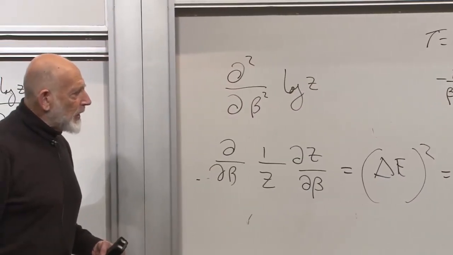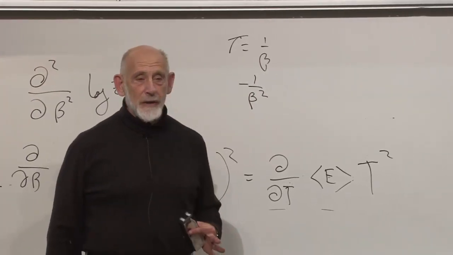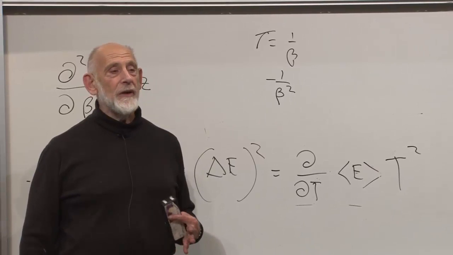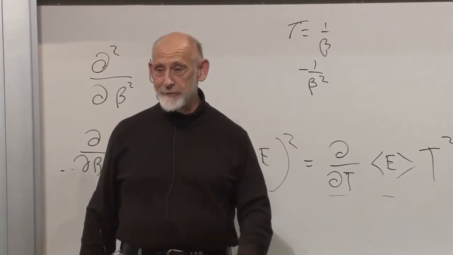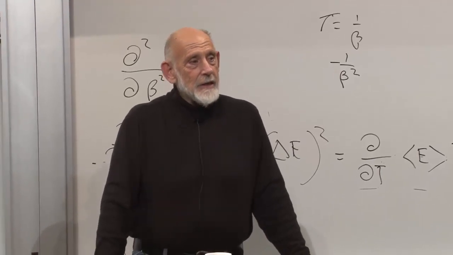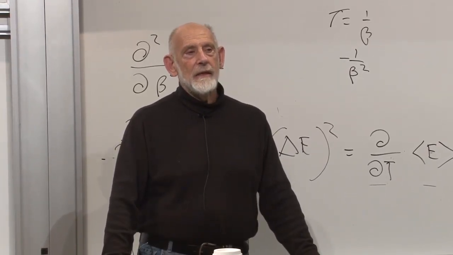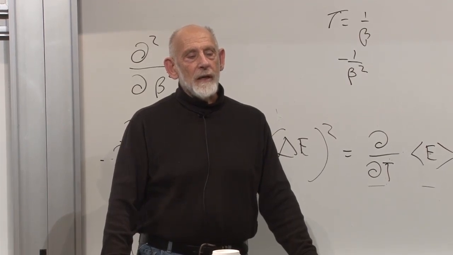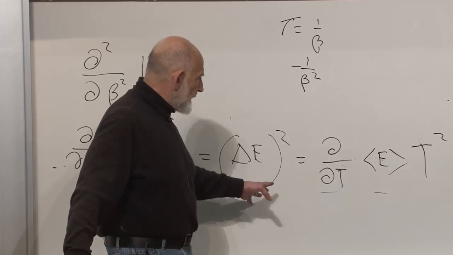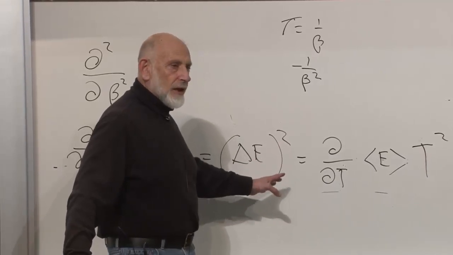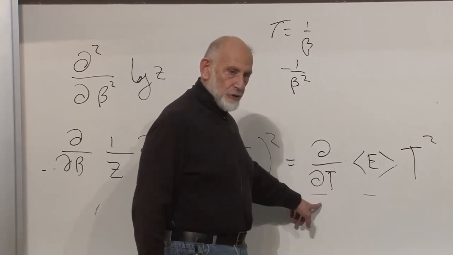It's temperature squared times the derivative of energy with respect to temperature. Anybody know what the word is for the derivative of energy with respect to temperature? Specific heat. Specific heat is the question: how much do you have to change the energy to make a certain change in temperature?